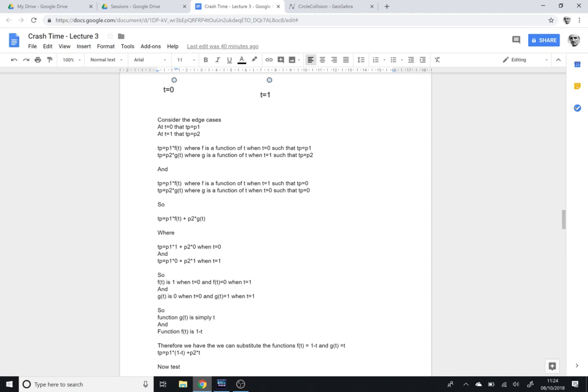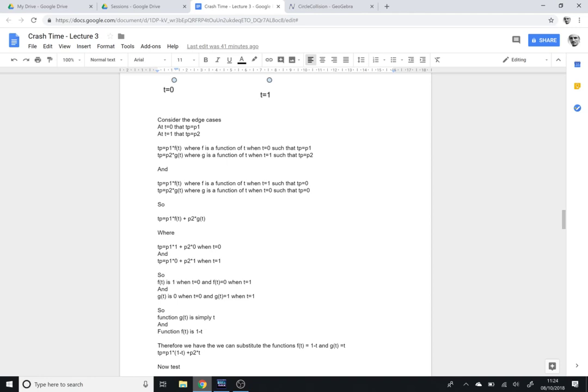And we can clearly see that tp equals p1 times 1 and p2 times 0 when t is 0. Yeah? So when t is 0, this p1 is here. So it's p1 times 1 plus p2 times 0, because p2 is here and we don't want any of that component.